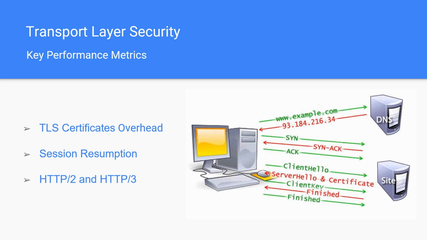That is done with the help of session IDs and session tickets. With a session ID, the server and client use the ID to resume a previous session, reducing the need for a full handshake. Whereas the session ticket is a more efficient mechanism. In this, the server provides the client with an encrypted session ticket, and the client is going to use that in order to resume the session.